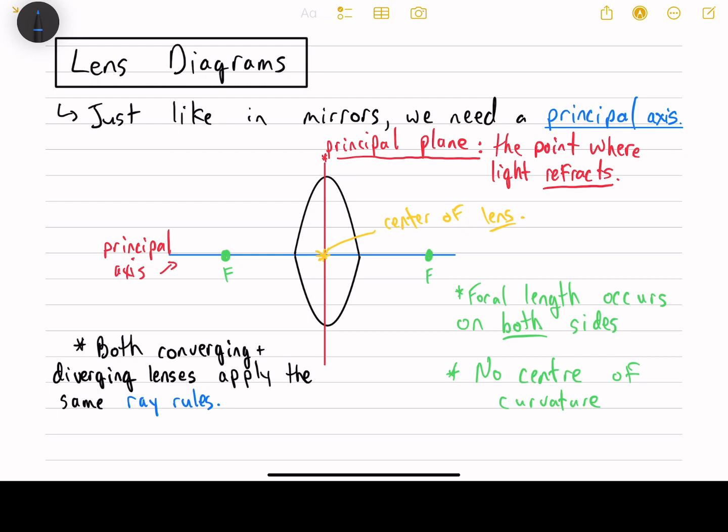I've made a kind of converging lens over here, but really I could have used any of the lenses, diverging or double concave, etc., in order to show where the focal lengths go in the center of lens. So what we're going to do is just use a converging lens in order to demonstrate the 3 ray rules.